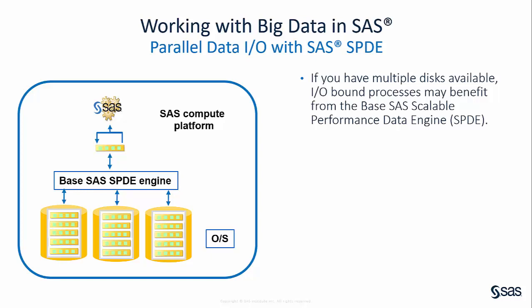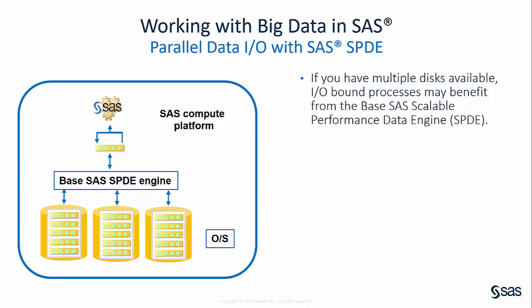One of the things I don't understand is this underutilization of the SPDE engine in Base SAS. The Scalable Performance Data Engine in SAS ships with Base SAS. And if you have multiple disks available, now this is not a thing to be tried on a single spindle. If you split this up on a single disk drive, it's not going to help.